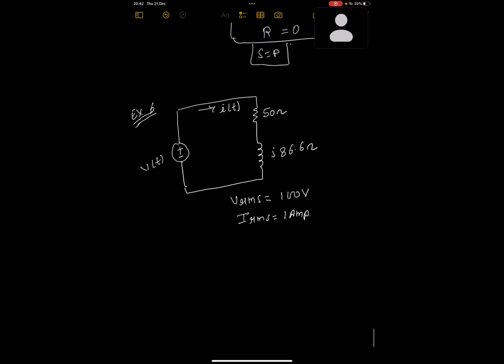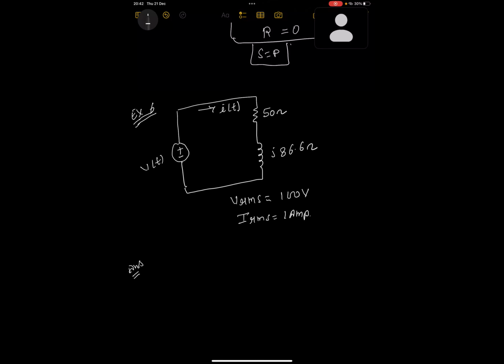Now we have to calculate the complex power here. So complex power, what is complex power?